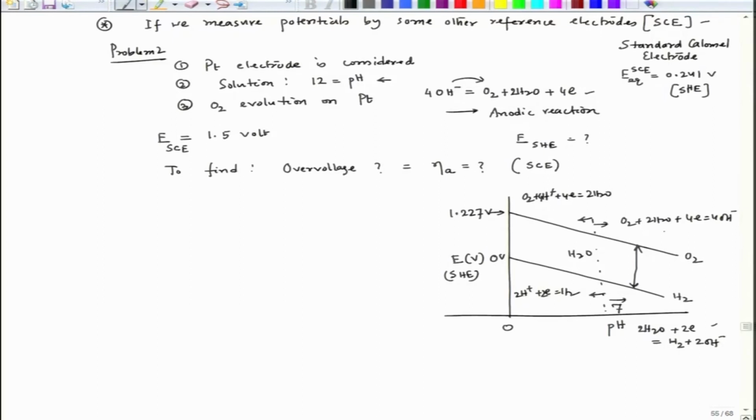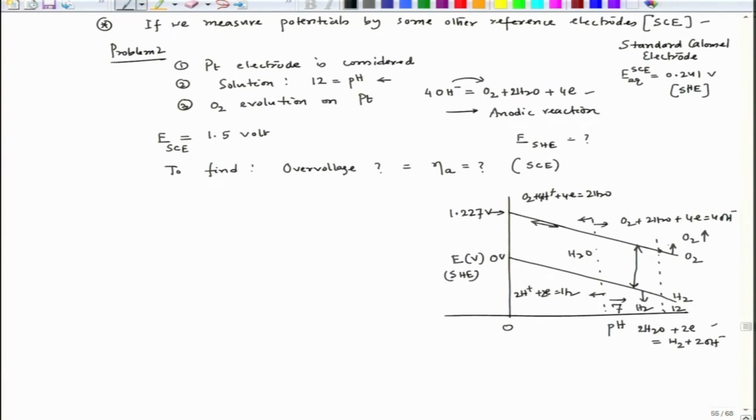Now, since we have taken pH to be 12, and we are considering oxygen evolution, we are looking at this particular line. Beyond this line oxygen evolves, and below this line hydrogen evolves.